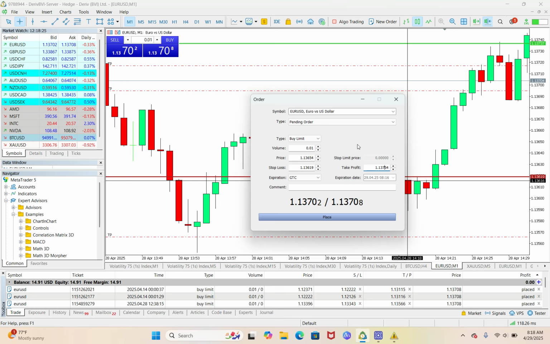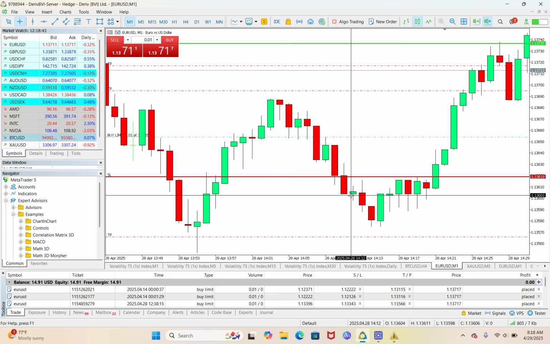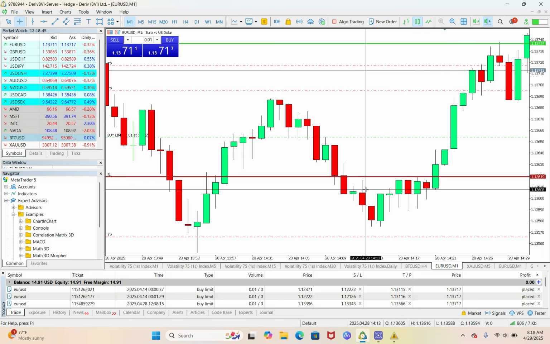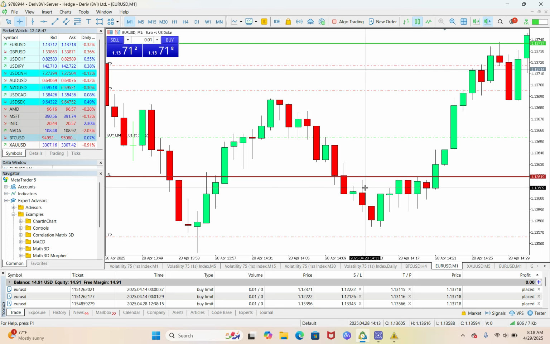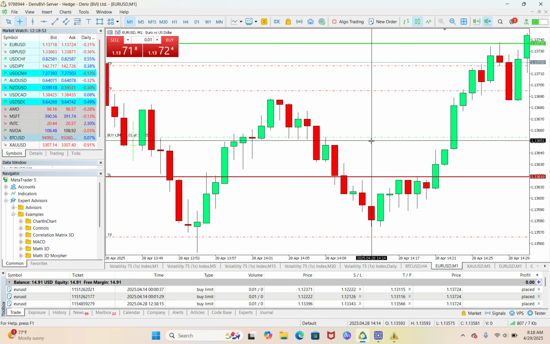Right, the more profit, the faster your account will grow. Right, so we're risking 35 cents to make $1, which is roughly about 1 to 3 risk to reward ratio. Right, place. Okay, that trade is set.